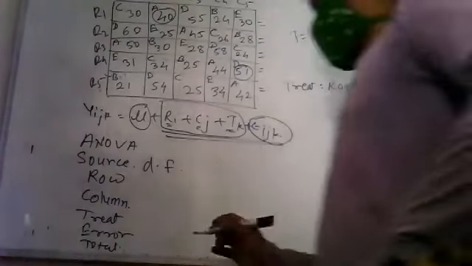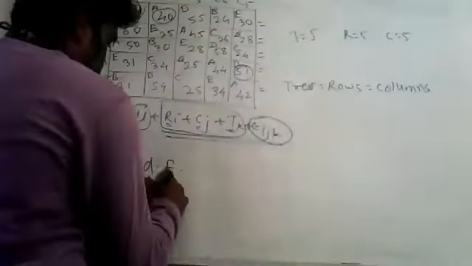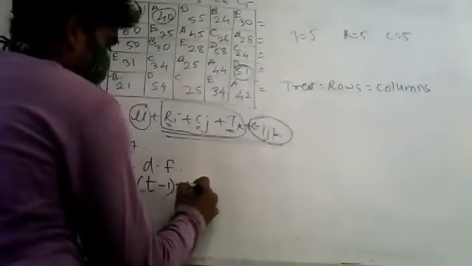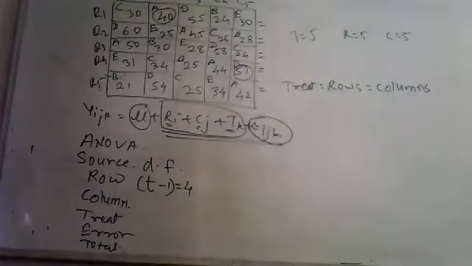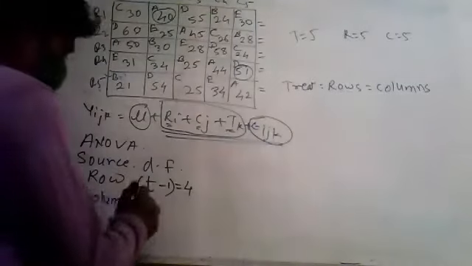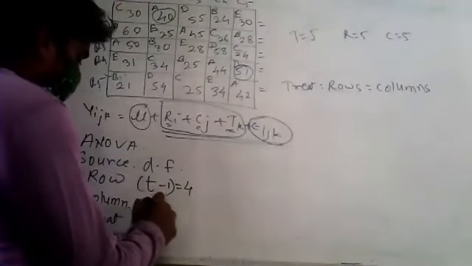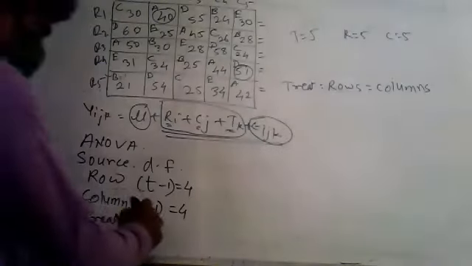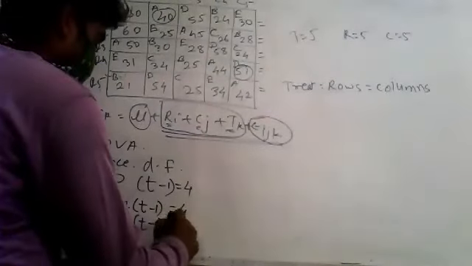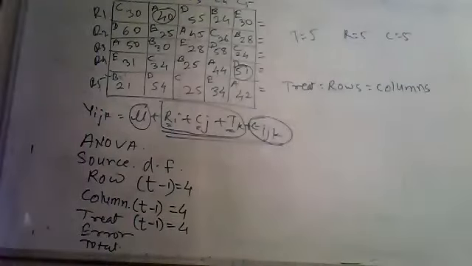So degrees of freedom for row is T minus 1, that is 4. For column, column and treatment both are the same, so it is also 4. For treatment, it is T minus 1, so it is also 4.